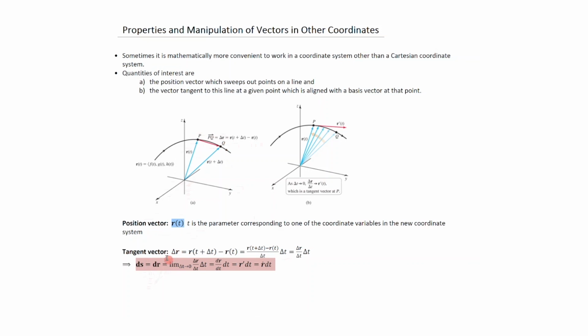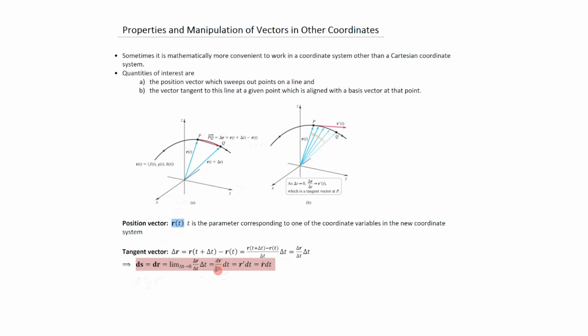This length we call arc length, right? A differential arc length is what we're going to be interested in as we make this delta t become vanishingly small. So ds or dr would be a limiting process where we let delta t go to 0 of the expression delta r over delta t times delta t, right? And the limiting process allows us to show this as being nothing more than the derivative of the position vector with respect to this parameterization variable t, times dt.